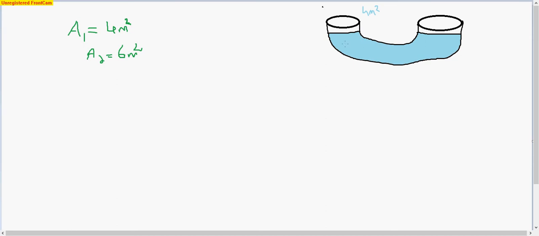What I derived in the last video is that the pressure input is equal to the pressure output, right? I'll put it in a box just so you remember it.